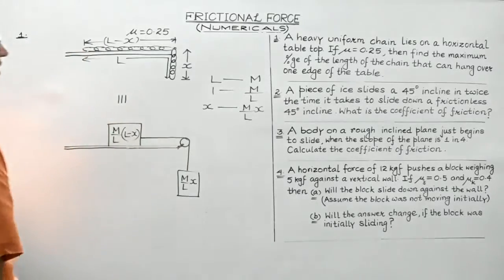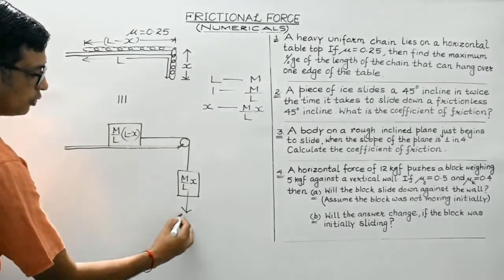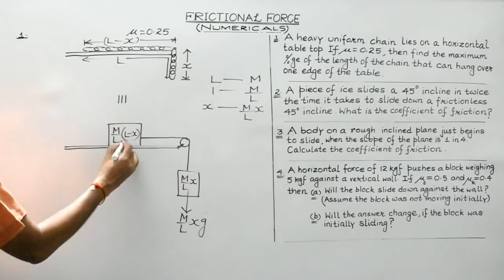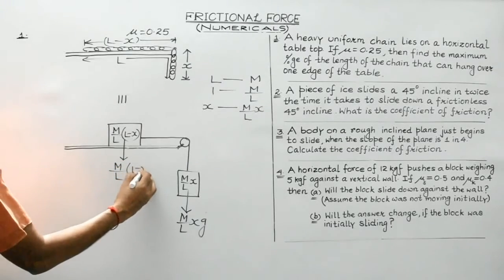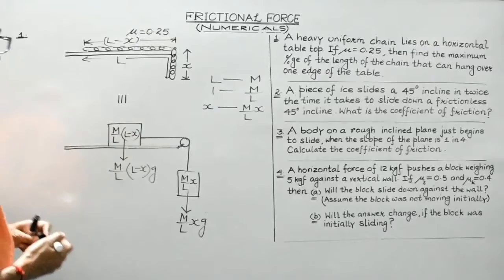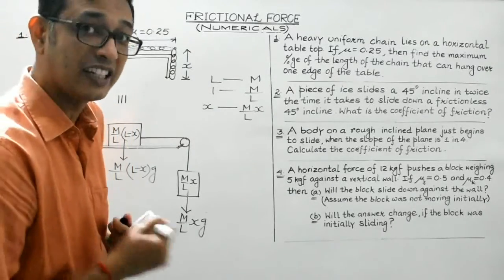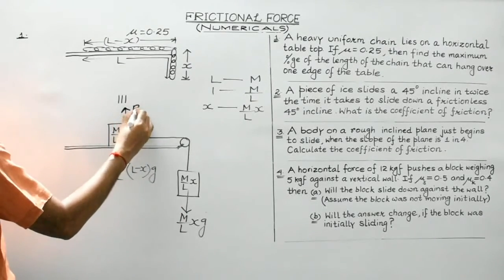So now the question arises, what are the forces acting over here? It would be M by L X into g. This is the weight. Here its weight would be M by L, L minus X into g. Weight always acts in the vertically downward direction along the radius towards the center of the earth, and the normal reaction will be along this direction.